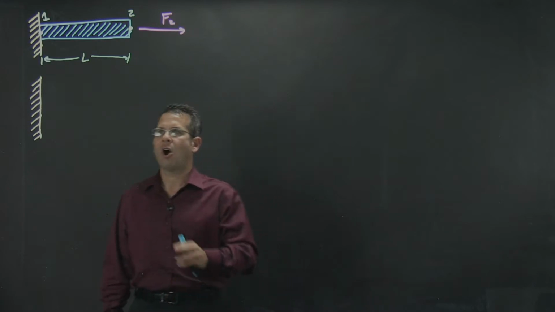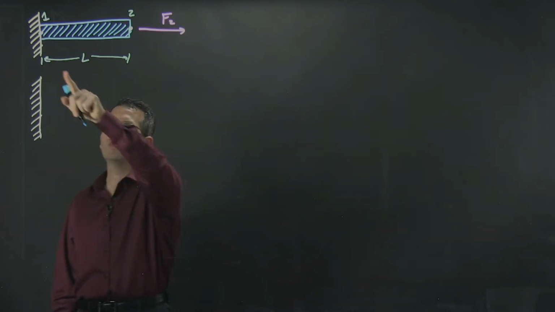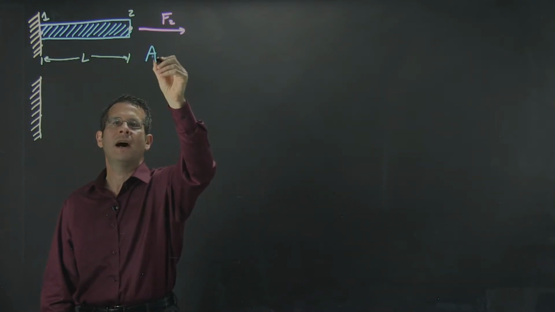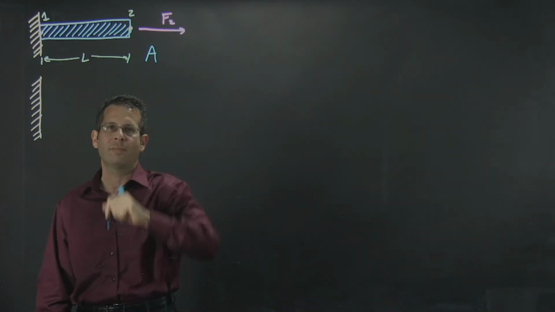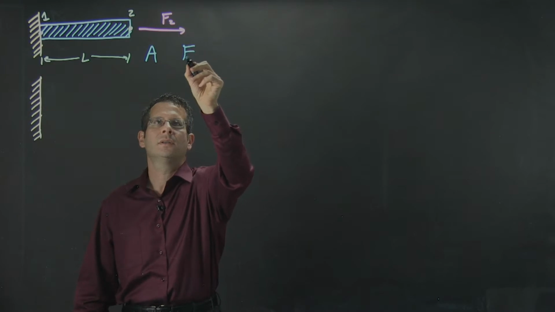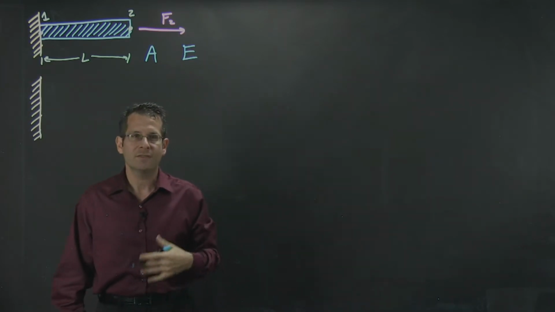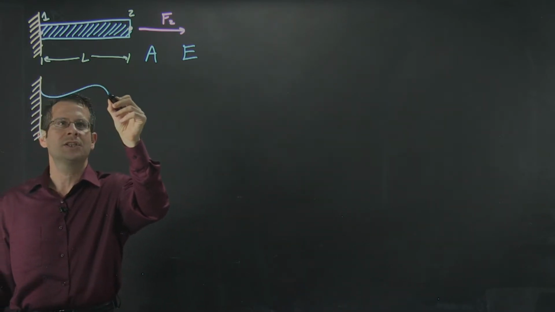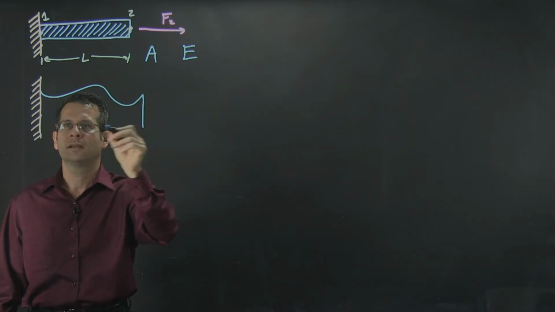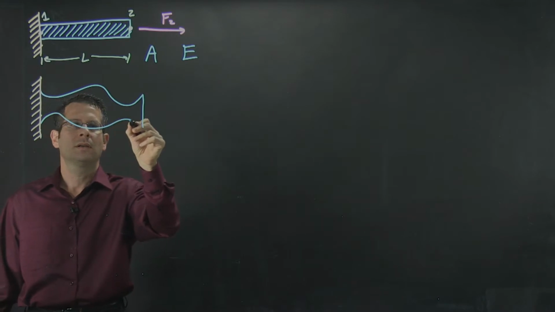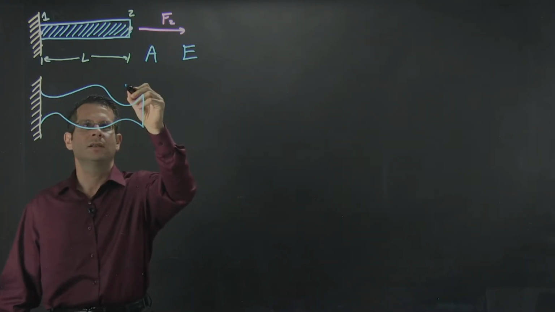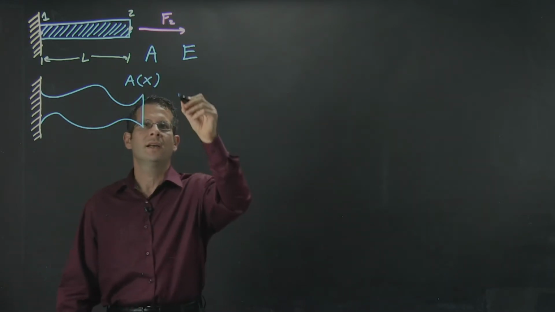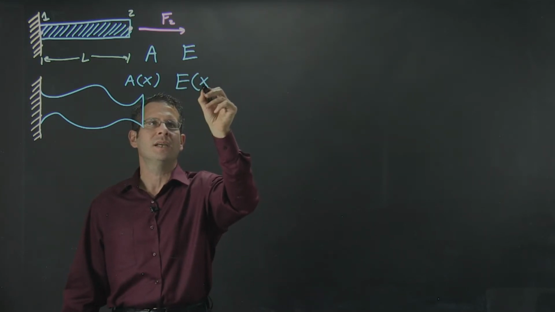Up until now, for our one-dimensional truss elements, we've always assumed that the cross-sectional area of the truss had some constant value A, and that the Young's modulus had some constant value E. In this video, we're going to start developing a method for solving problems where the cross-sectional area along the length of our bar is not constant, but is perhaps some function of x.